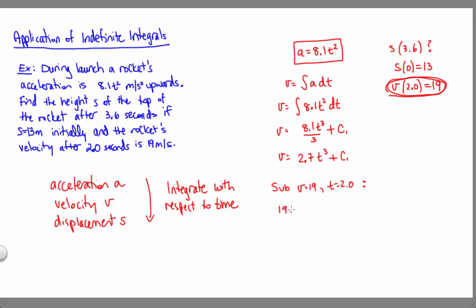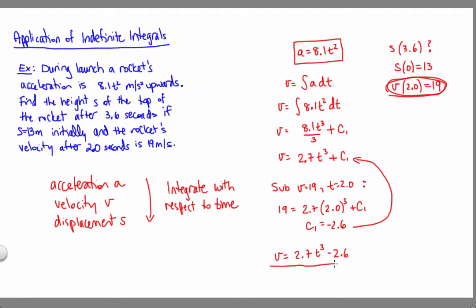Subbing in, we've got 19 is equal to 2.7 times 2.0 cubed plus C1, and then doing a little bit of algebra here, C1 works out to negative 2.6. So let's take the value of this constant, we'll plug it back into our expression for v, and we now know that v is equal to 2.7 t cubed minus 2.6. So I'm going to put a box around that, and we've now got an expression for v.